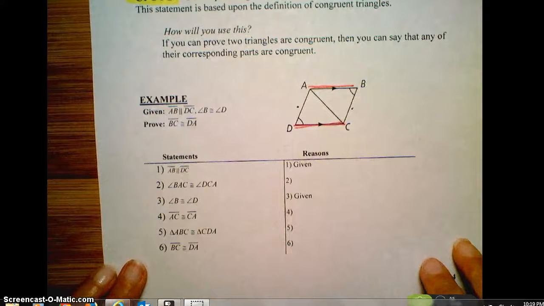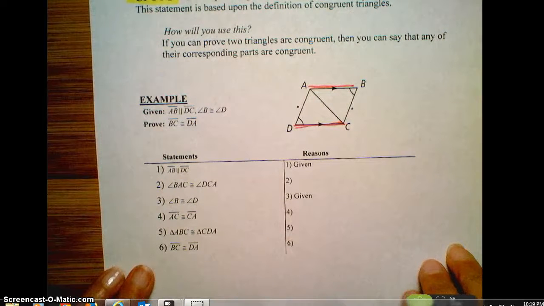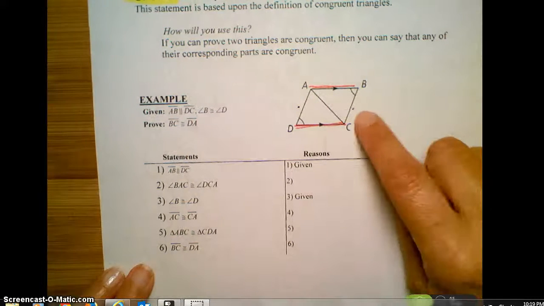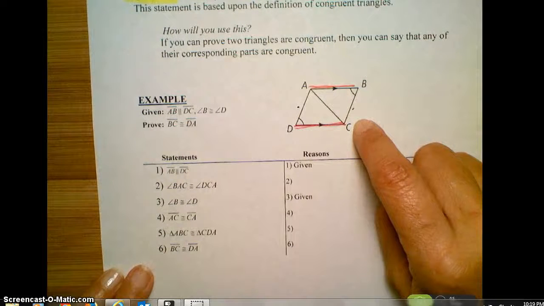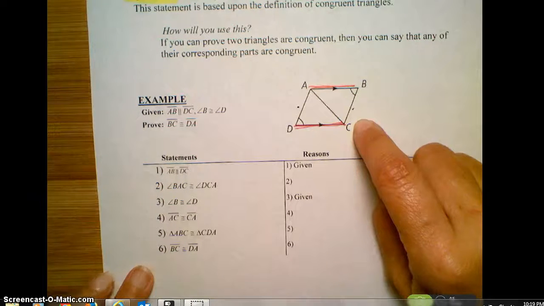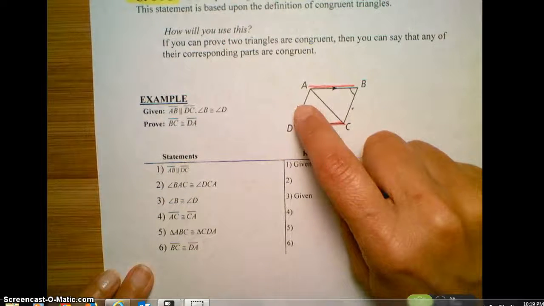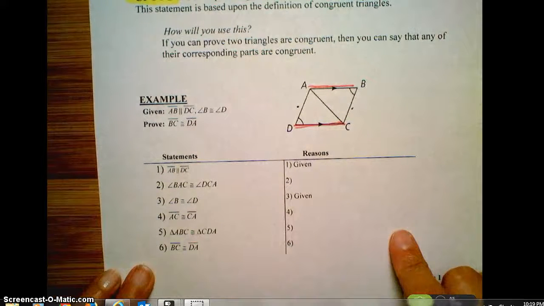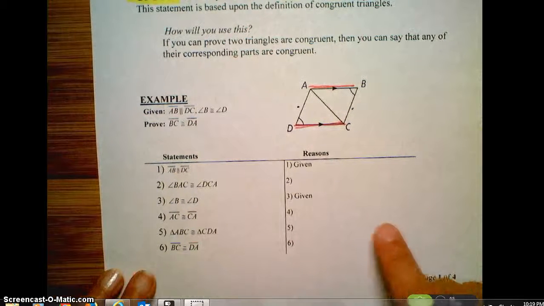So I take a look at the picture and I say, those sides are part of two triangles. If I can prove those triangles congruent, then I know their parts will be congruent. So let's go ahead and walk through the proof.